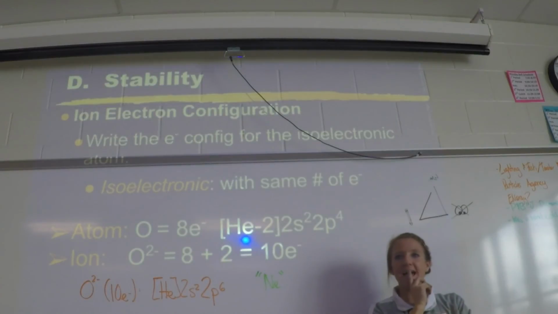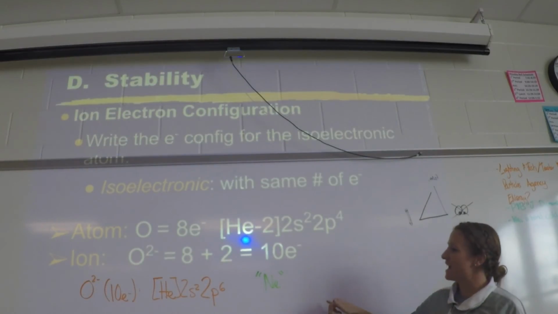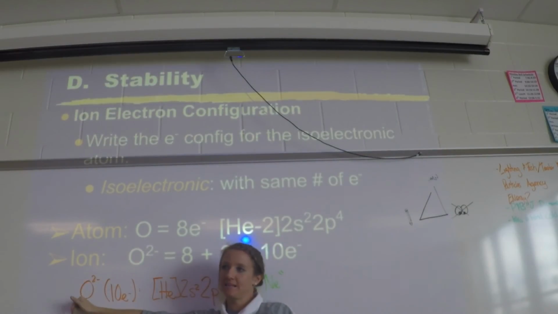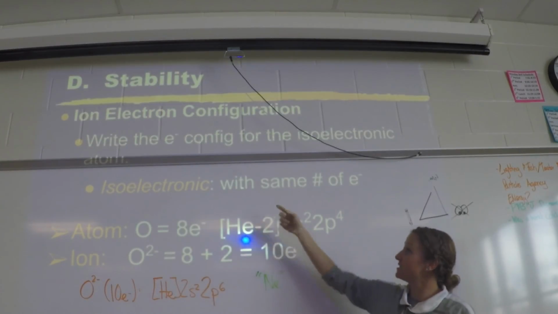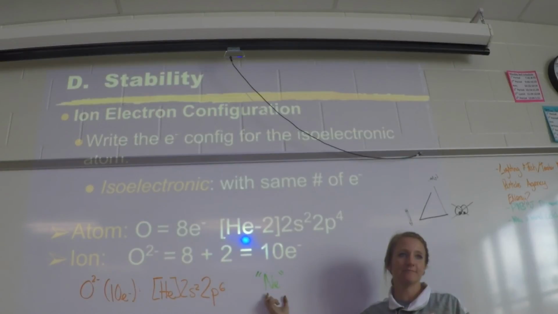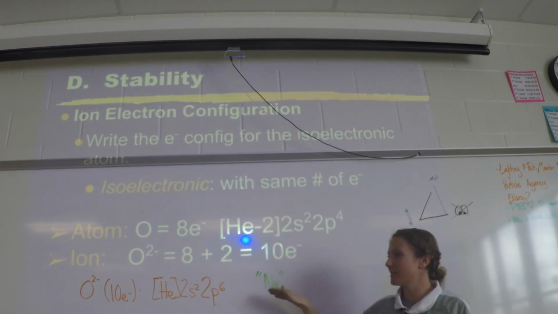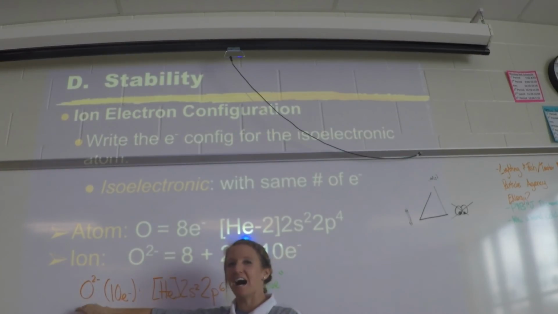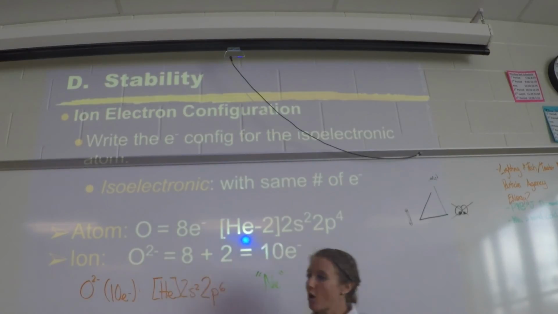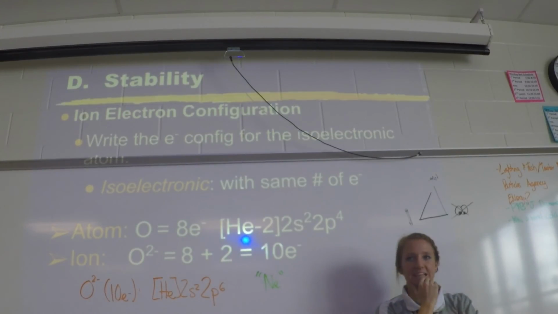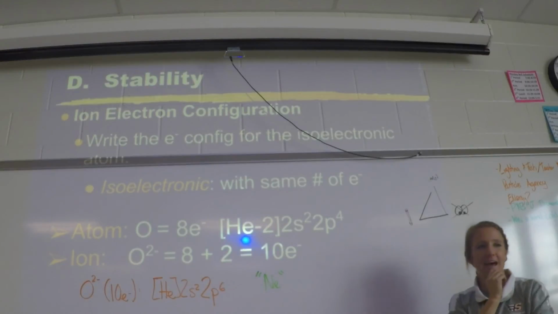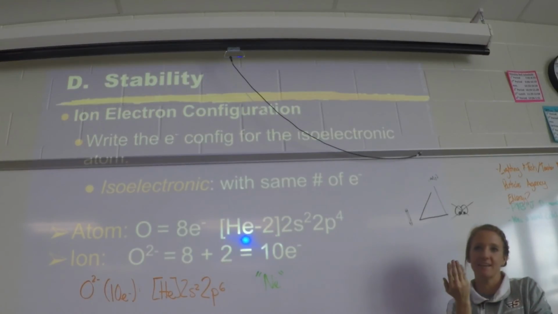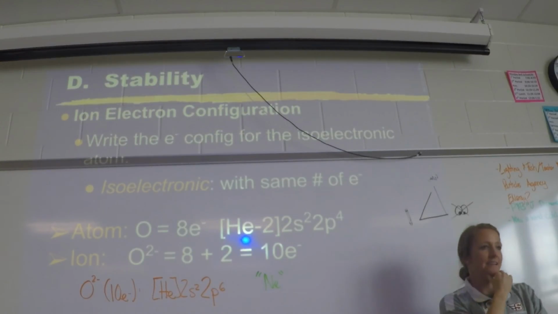But think in your head, what would be another ion, and there's a lot of answers out there actually, that would be isoelectronic with neon? You don't have to write the configuration, but can you think of an ion that is also isoelectronic with neon? Another element that would mimic and want to become like neon.